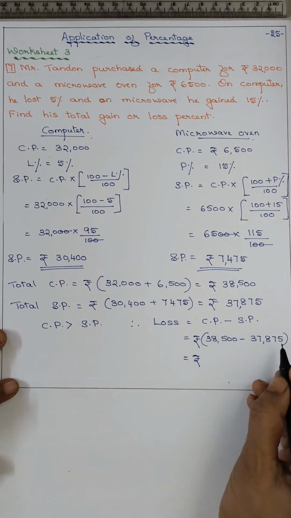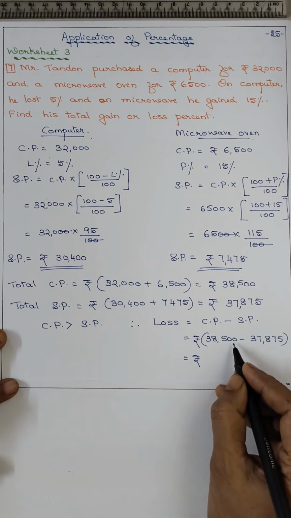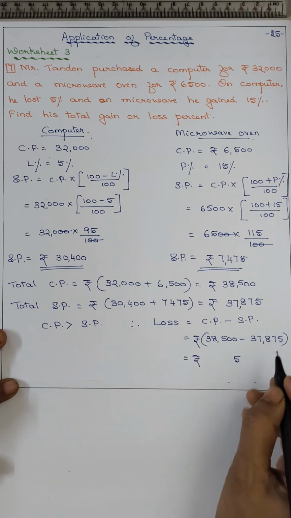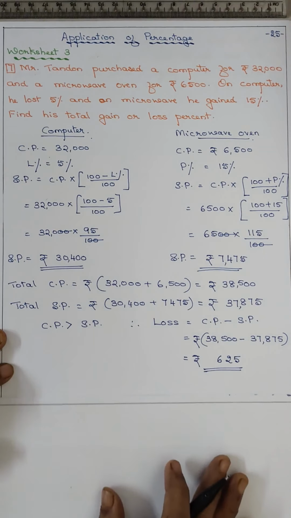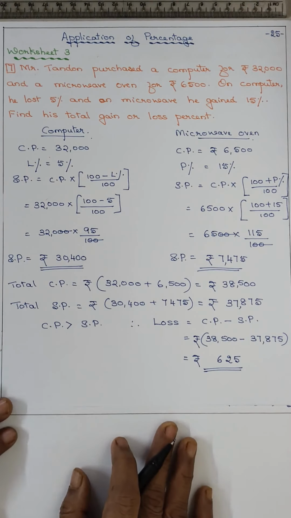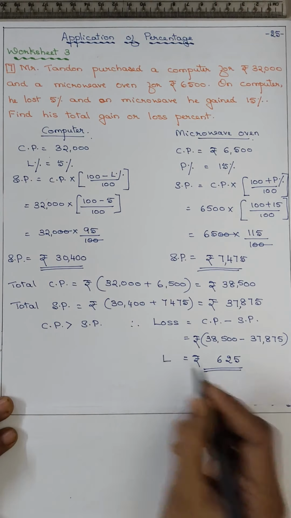It's a 10 minus 5, 5, 9 is remaining, 9 minus 7 is 2, 14 minus 8 is 6, now 7 minus 7, 0, 3 minus 3, 0. You will be getting 625 loss.